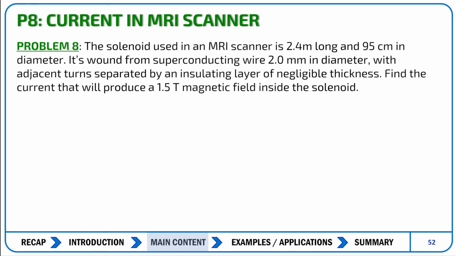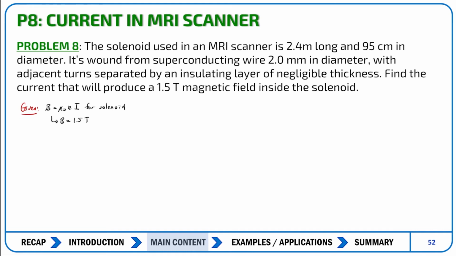First, we're going to state our knowns. We already know from before that B is equal to mu naught N I for a solenoid, but the problem is we need to find N. We also know that B equals 1.5 T, because that's what we're aiming for.